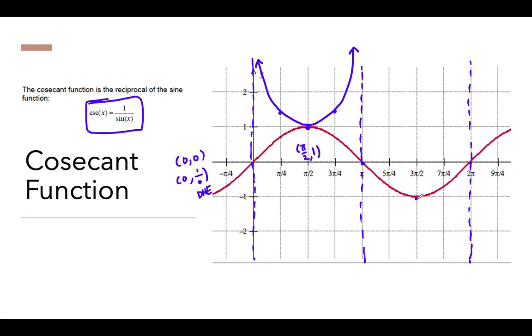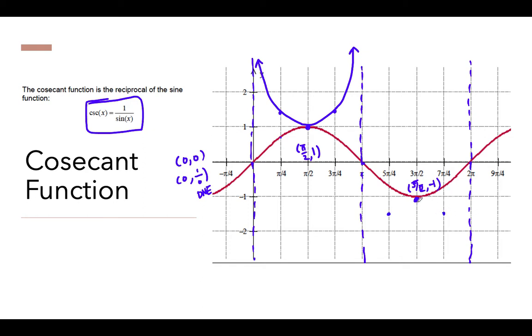Same thing for the reciprocal of this one, we have 3 pi over 2, comma, negative 1. If I take the reciprocal of negative 1, it's just the same, negative 1. Then if I take the reciprocal of a point over here at negative 0.75, you get negative 1.35 around here.